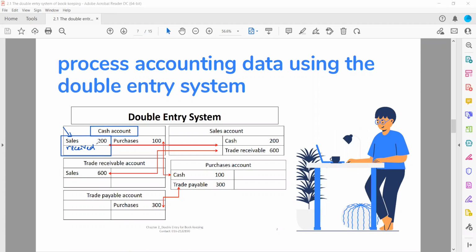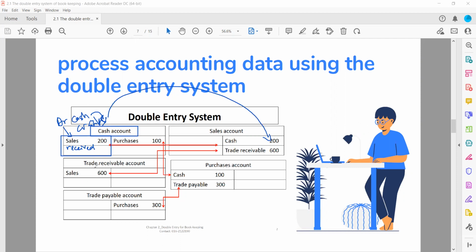So when we read, we say debit cash, credit sales. The sales appears here on the credit side. So double entry is read from the header point of view: debit cash, credit sales. If we sell without getting the money, that means on credit.